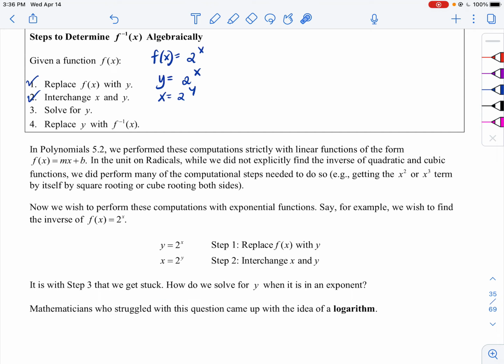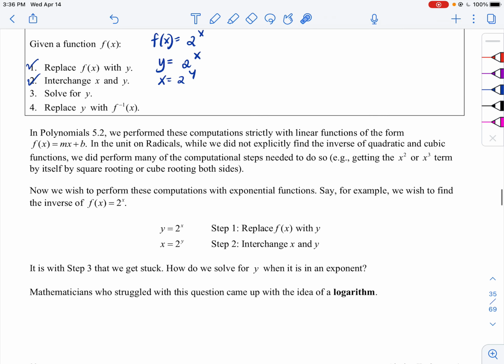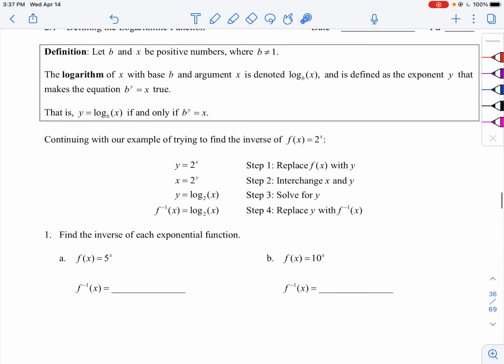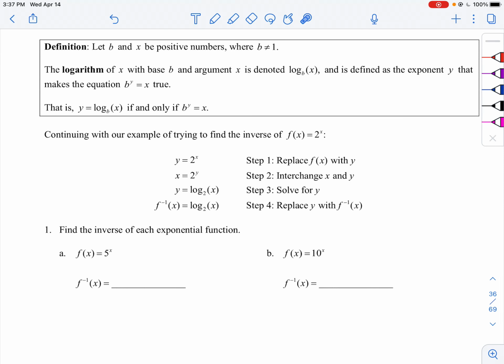Mathematicians who struggled with this question came up with the idea of using the log function to solve for when the exponent is missing. Okay, so we have here a formula that I'm going to highlight. It's technically not a formula, but a pattern of some kind.